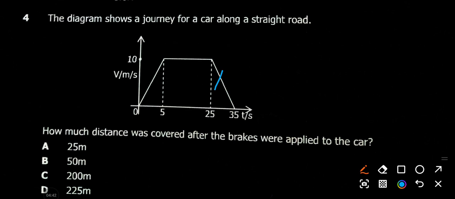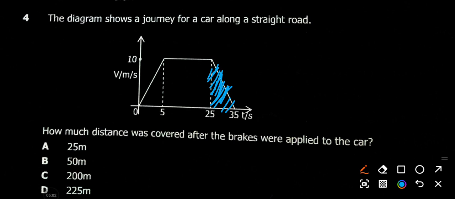So in this case, the question simply requires us to calculate the distance on the part where the car was decelerating. And it should be noted that for a velocity time graph, the distance can be calculated by simply calculating the area under the graph.